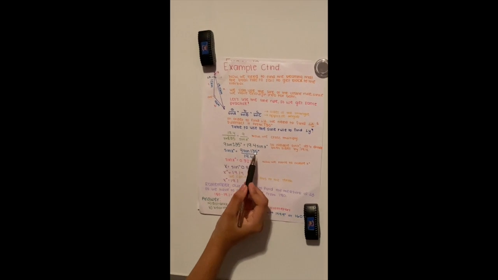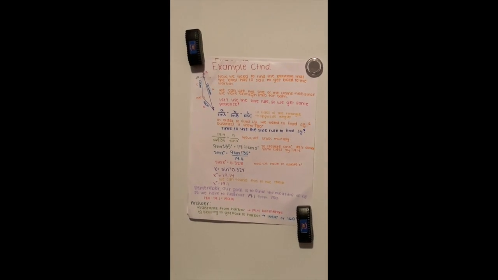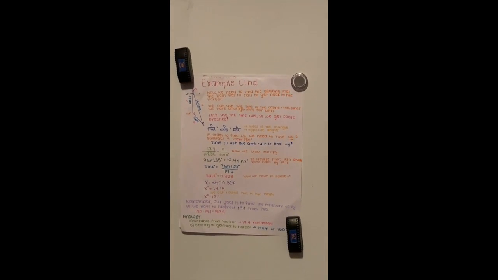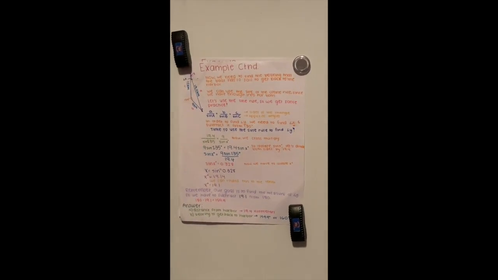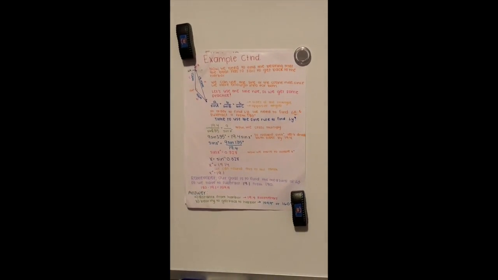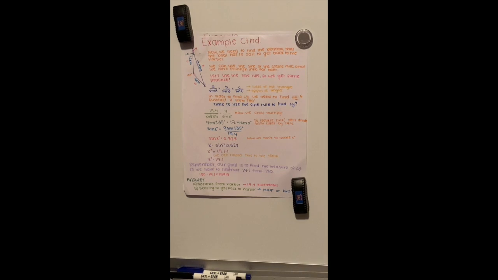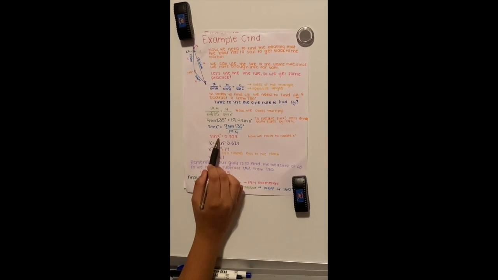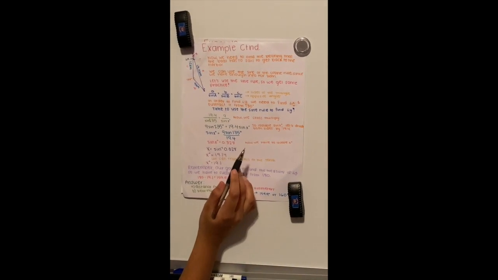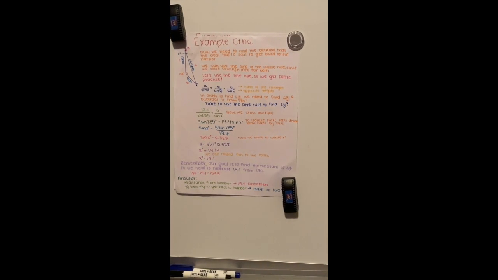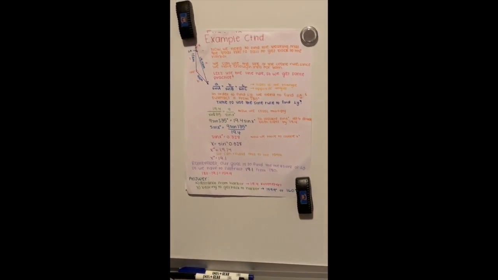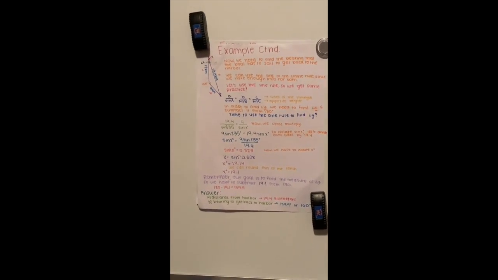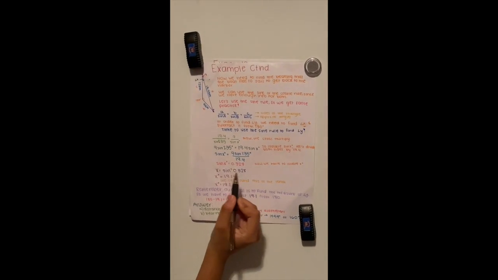Now, I solved this using my calculator. I have a graphing calculator app, but you can use a real graphing calculator or a scientific calculator too. When I solved that, I got that the sine of x is equal to 0.328. Now, we need to isolate x. So we need to do the inverse function in order to isolate the x.